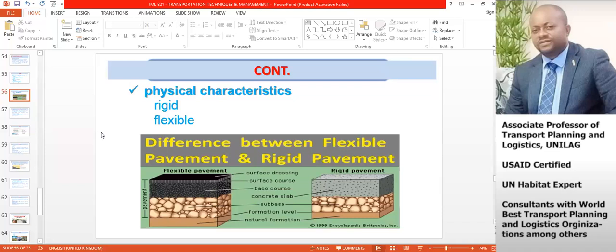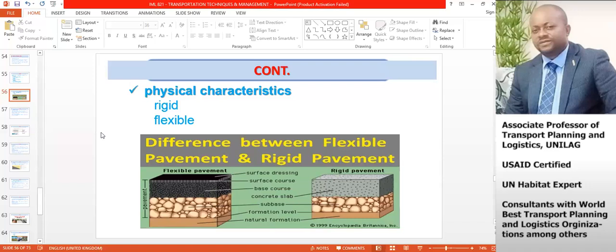Some components are in both. Looking at the graphics, what is the first component applicable to rigid and flexible roads? Base, sub-base, thank you. What is the second one common to them? Formation level. What is the third one? Natural formation. Yes, and you have the source of the graphics ascribed to it.